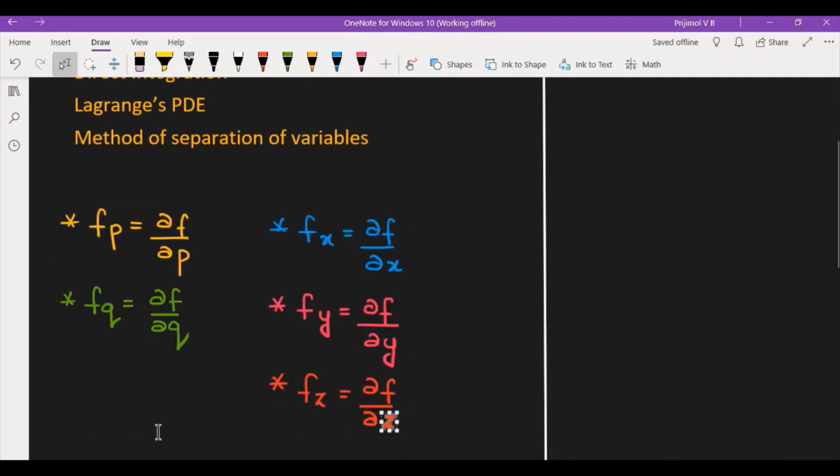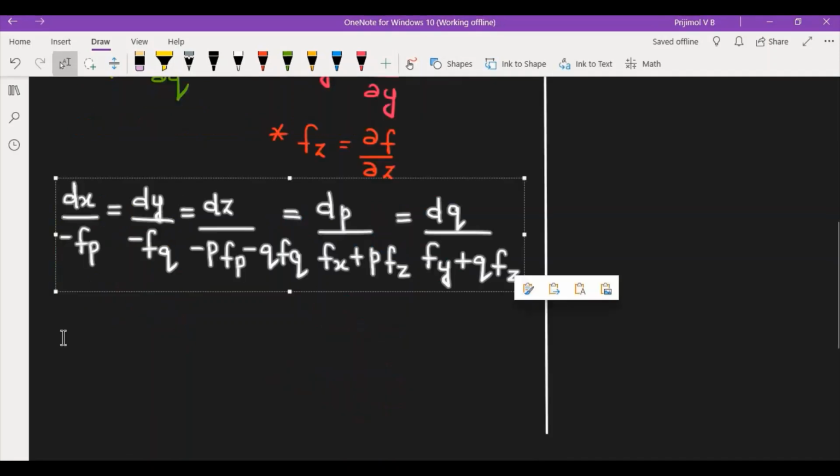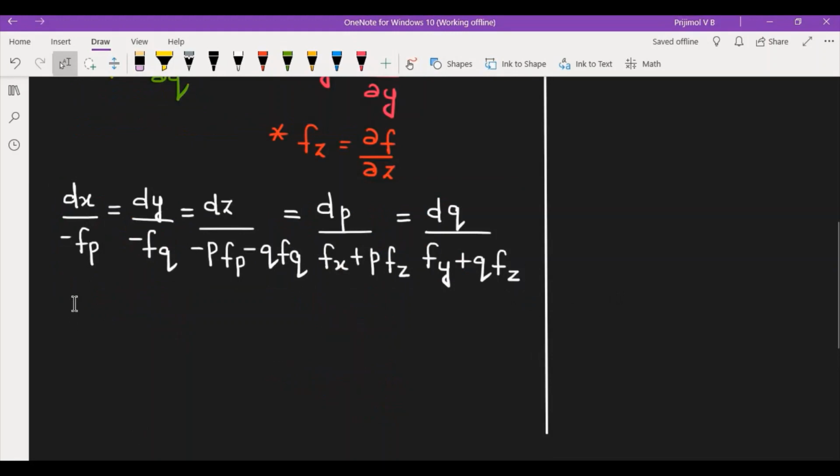Let us substitute all these in the auxiliary equation of Charpit's method. Now consider any two ratios and solve for p and q in terms of x, y, z.